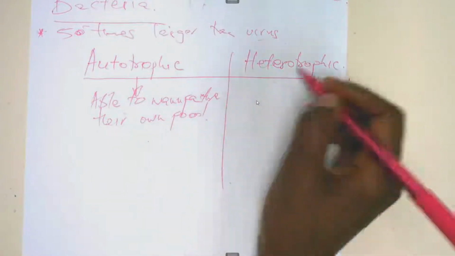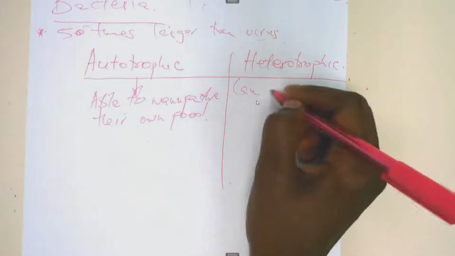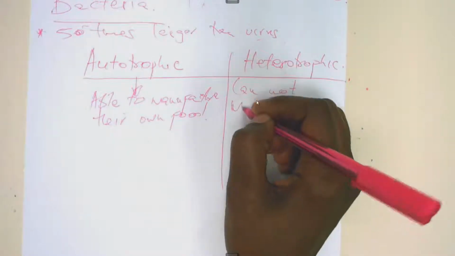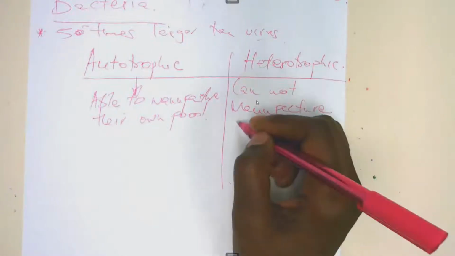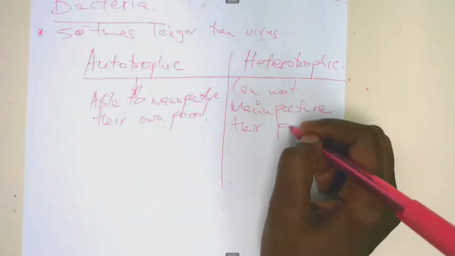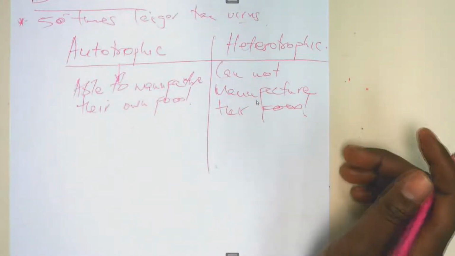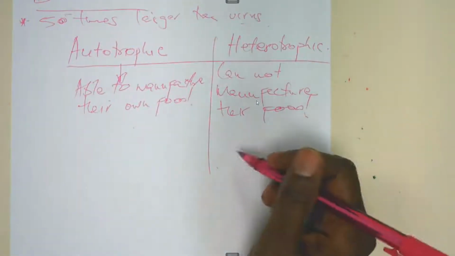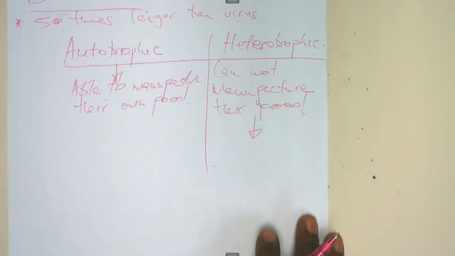And then heterotrophs or heterotrophic organisms, they cannot manufacture their own food. And then we also have examples of heterotrophic organisms.